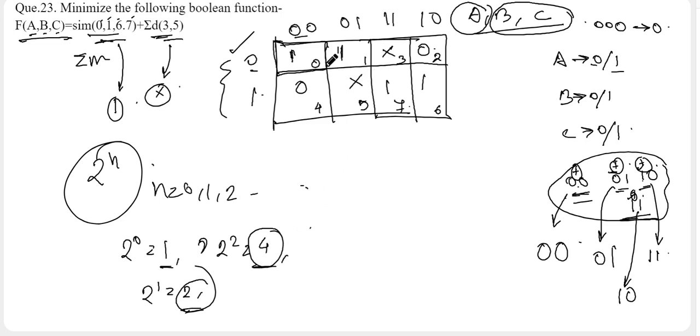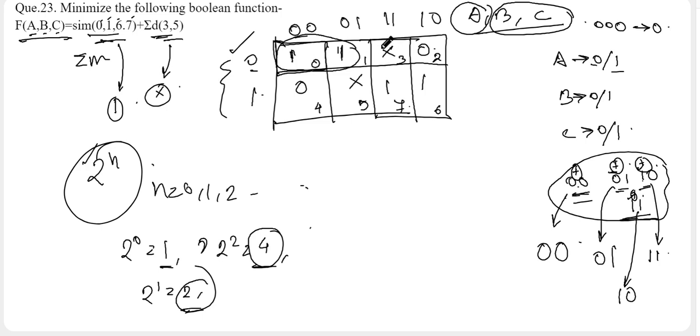So in that scenario we will also include the don't care terms. Here you can see we can make a group of these two 1s, and we can't include this don't care term. If we include it, the group size will be 3, which violates the rule that the group size must be of the order of 2 to the power n.